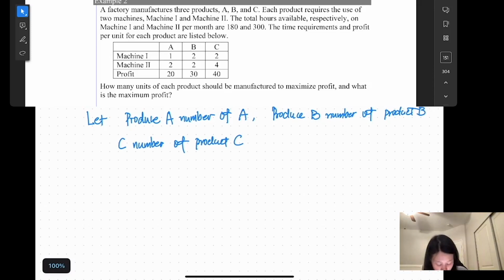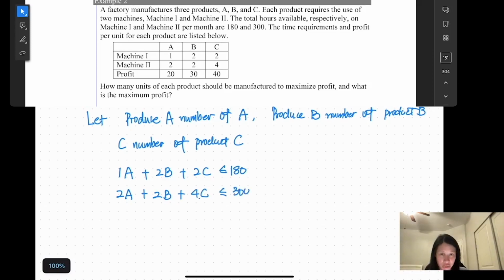So that means A plus 2B plus 2C is less than or equal to 180. 2A plus 2B plus 4C is less than or equal to 300.